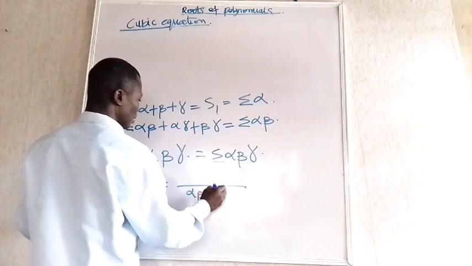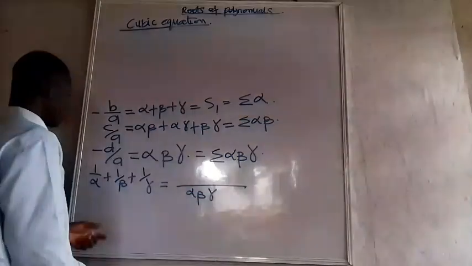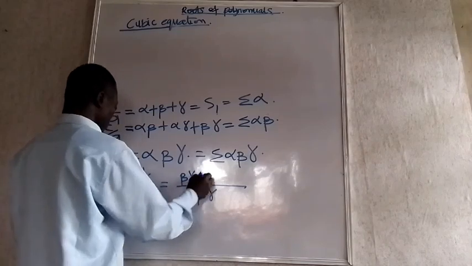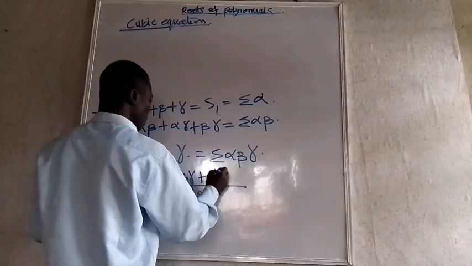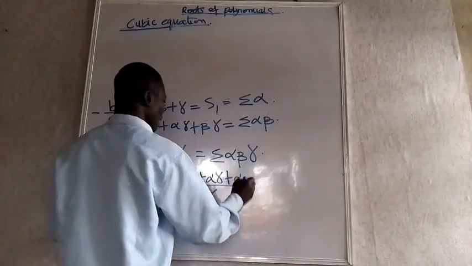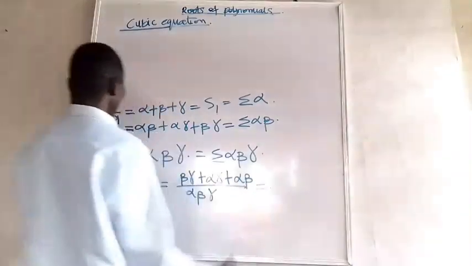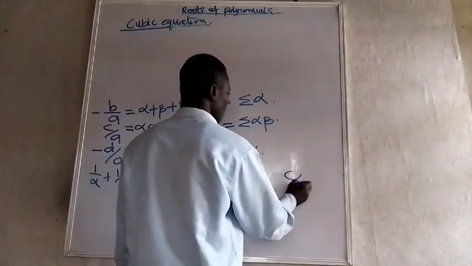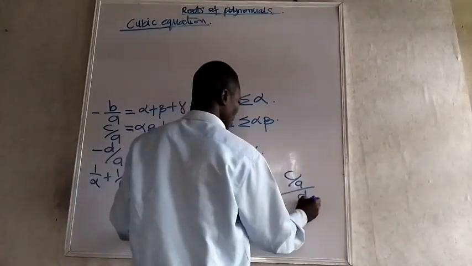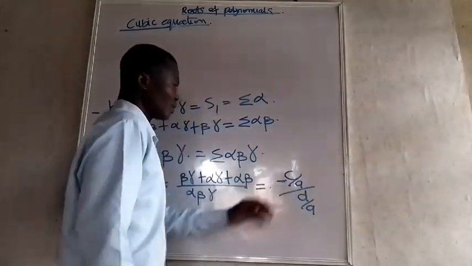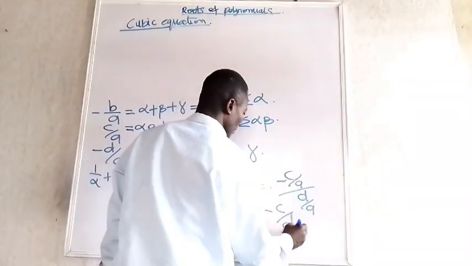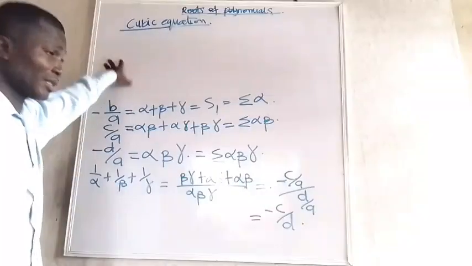Over alpha beta gamma, and then we are going to have beta gamma plus alpha gamma plus alpha beta. If you look at this, this is equal to c over a. And this one is minus d over a. So at the end of the day, you are going to have this to be equal to minus c over d.